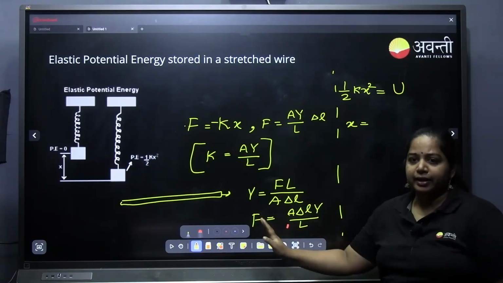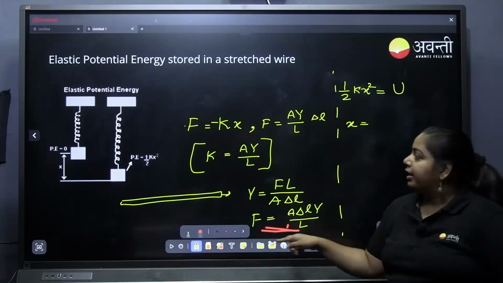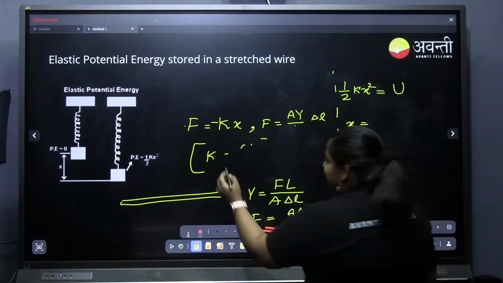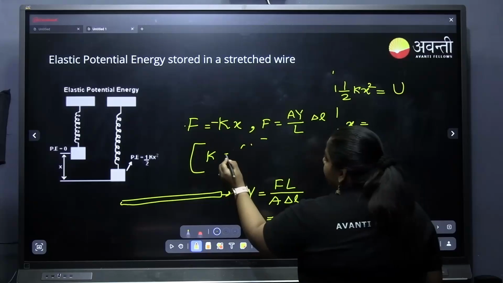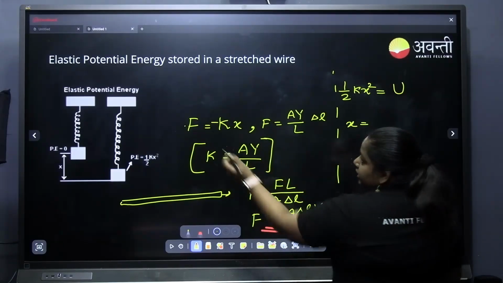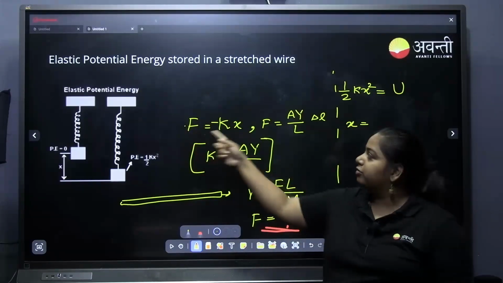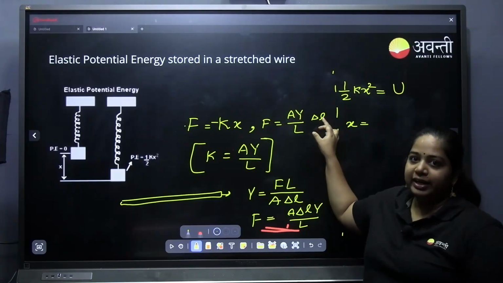Just cross multiplying, and I am getting an equation for F. I am comparing that equation of F with the spring restoration force equation. If you see, F equal to some constant into delta L.